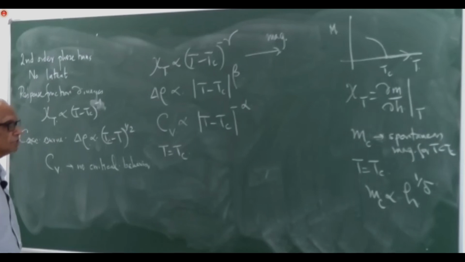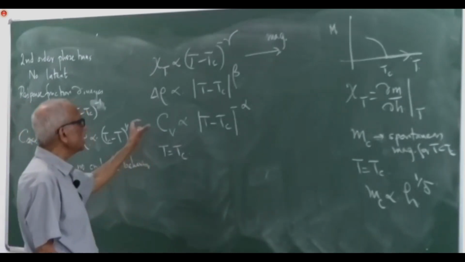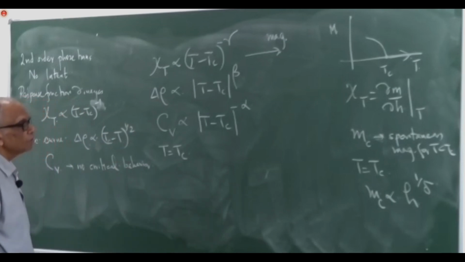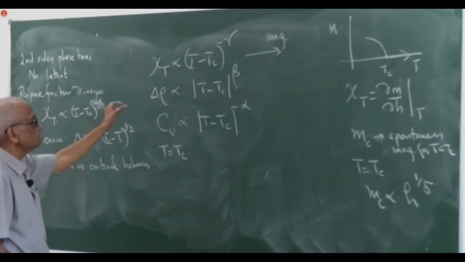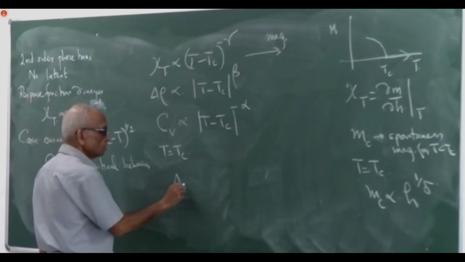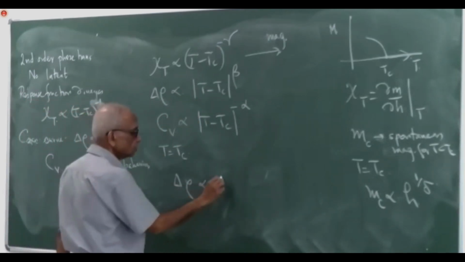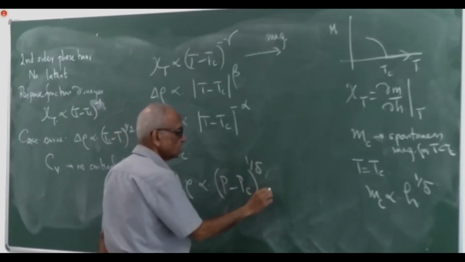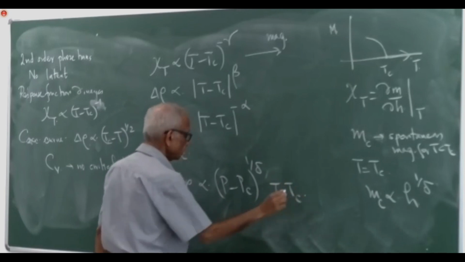So that defines the exponent delta over here. The corresponding language is that you sit at T equal to Tc, and delta rho varies proportional to P minus Pc to the power 1 over delta.